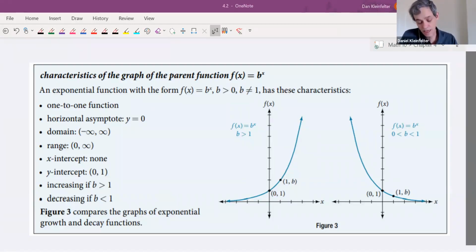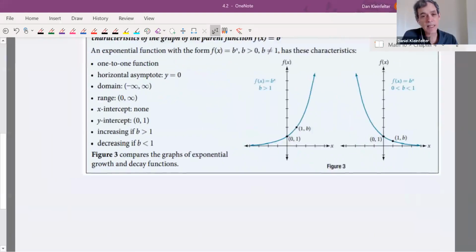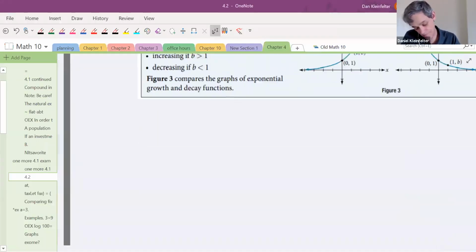They come down and hug the x-axis because it's an asymptote, but they don't actually cross the x-axis, again unless you've shifted it. The y-intercept is (0, 1). They're increasing if the base is bigger than 1 and decreasing if the base is less than 1. You should get to know the information in the table here. All right, so let's see a couple of examples.